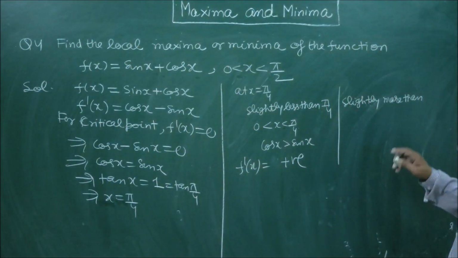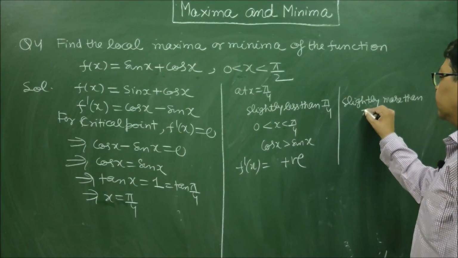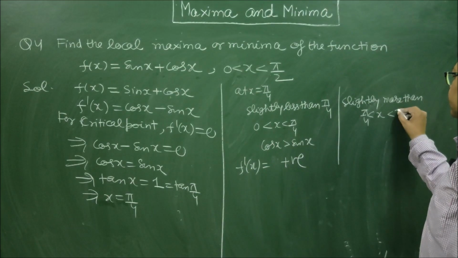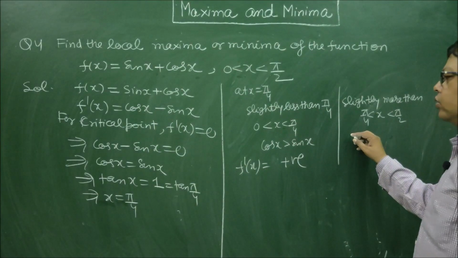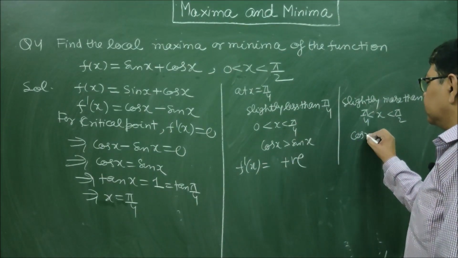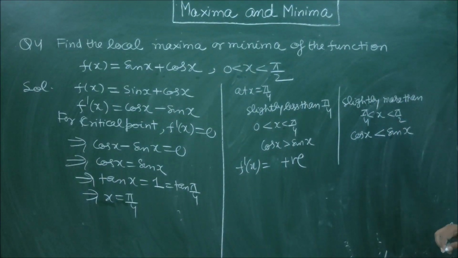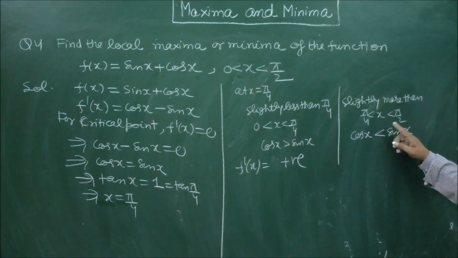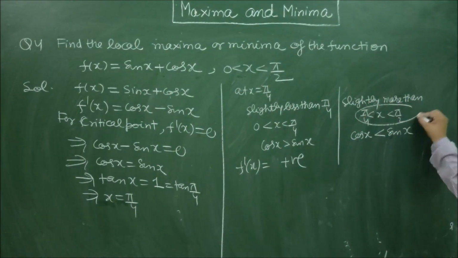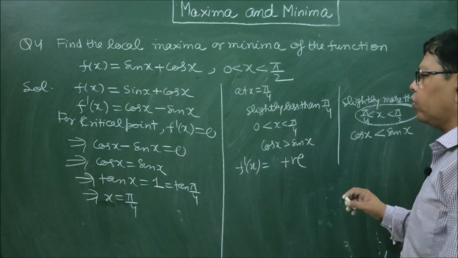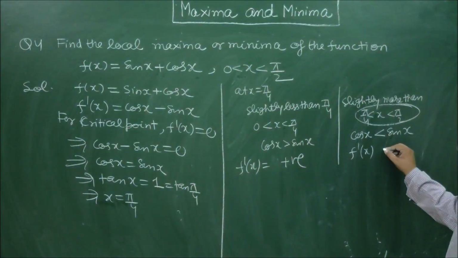When the value of x is slightly more than pi by 4, between pi by 4 and pi by 2, cos x is less than sin x, or sin x is more than cos x. So in this range the value of f dash x, cos x minus sin x, will be negative.